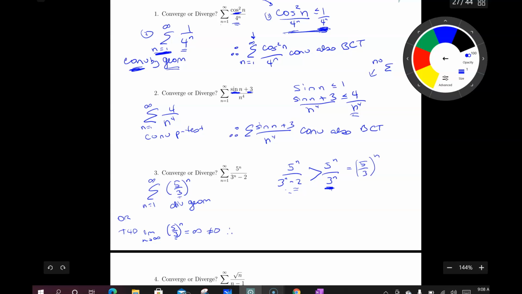So since not 0, this means it diverges by the test for divergence. Okay, so this or this, one or the other. Is this good? I have the smaller diverging. Does that make the basic comparison test work? It does. So that means this one diverges also by basic comparison test.